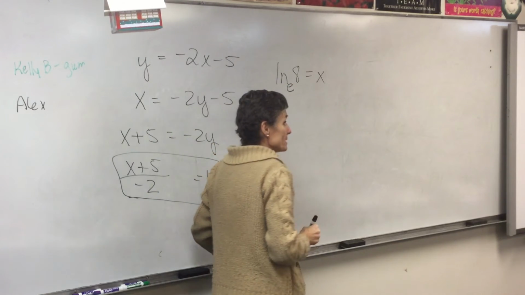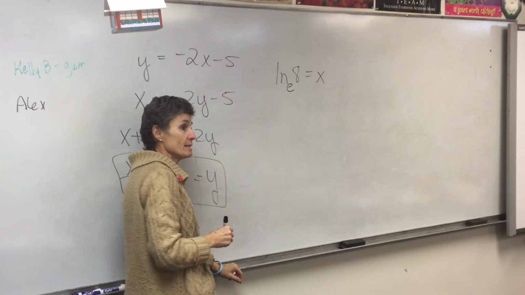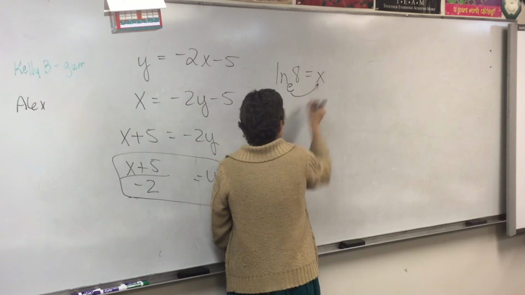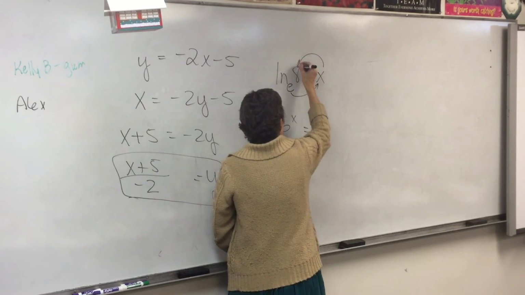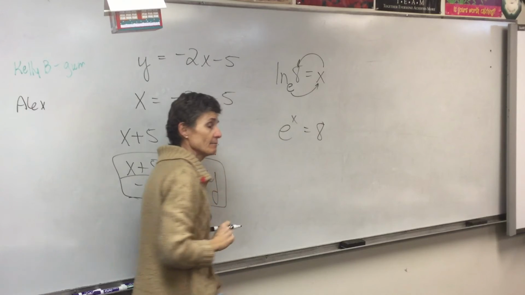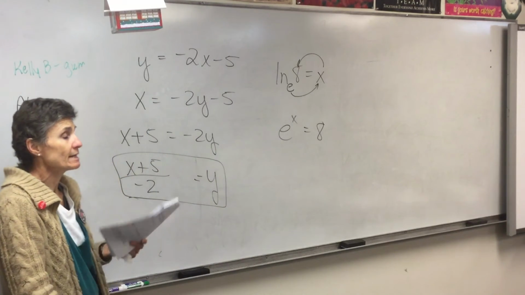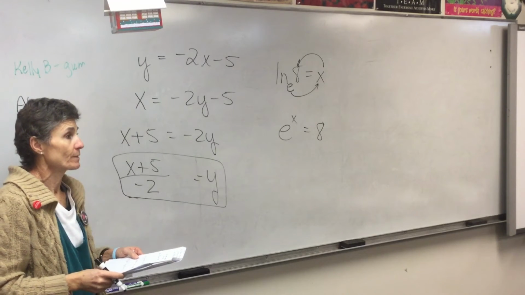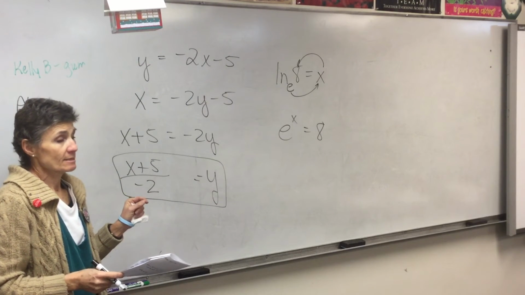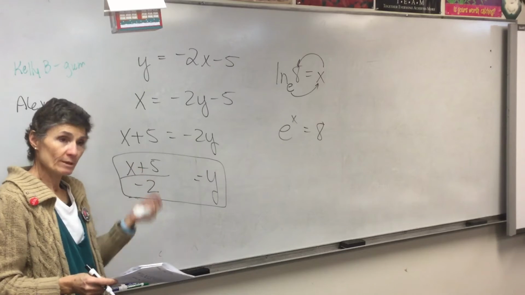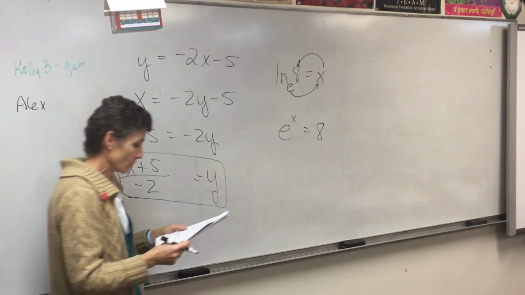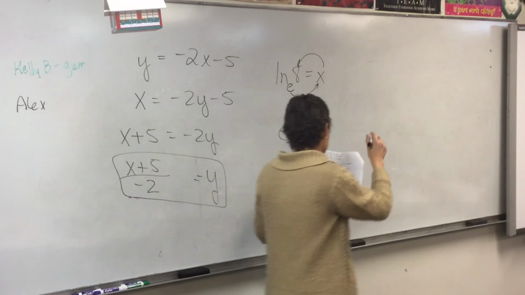E. ln means you have a base of e. So this says e to the x equals 8. That's it. That's all there is to it. That problem is done. It just says write it in exponent form. That means get rid of the logarithm and translate it. You've been calling it loop-de-loop.